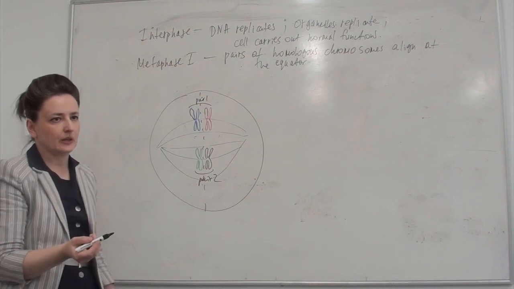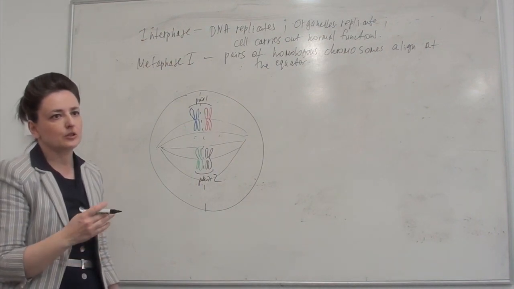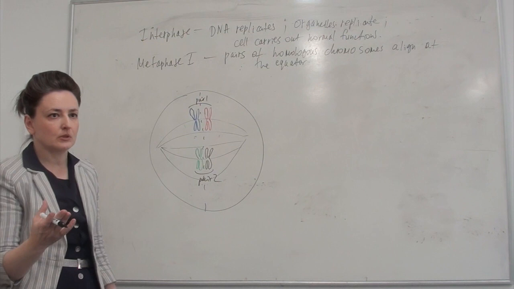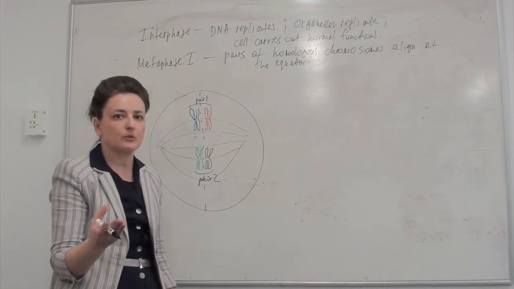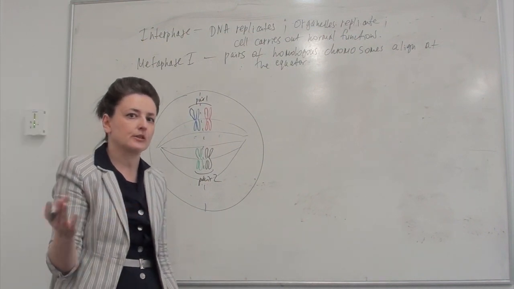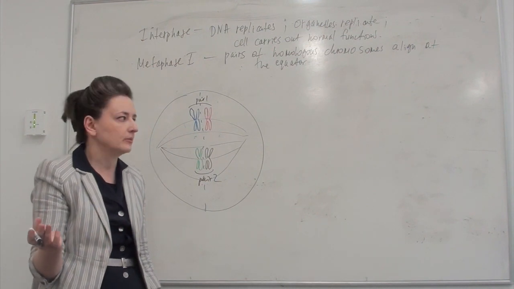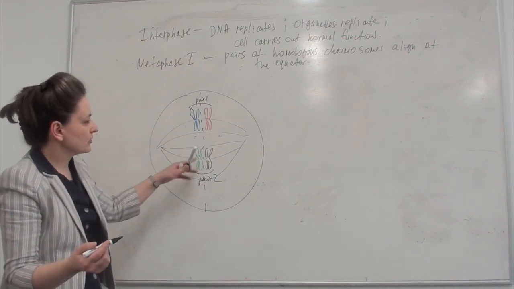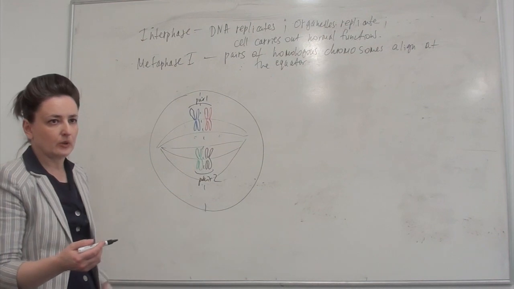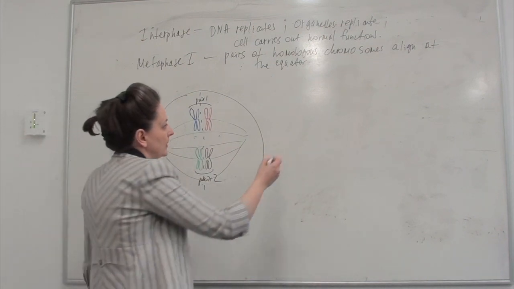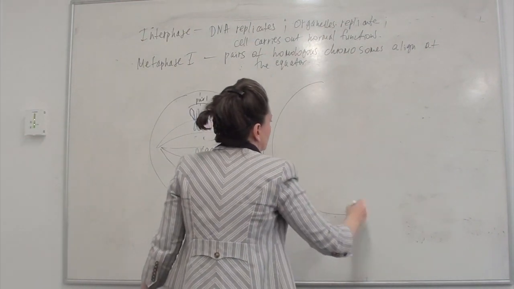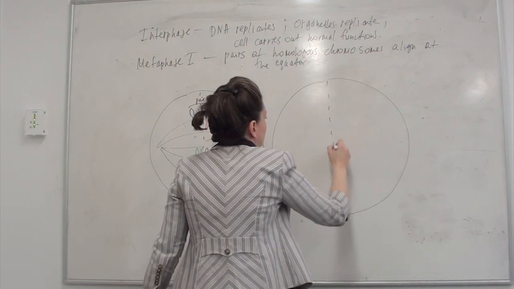And here is another thing which is important to understand in order to be able to explain where variation comes from, why each sex cell is different to the next. Because these chromosomes could have aligned in this way, the way I've drawn, but equally they could have aligned differently. So that's my second picture.